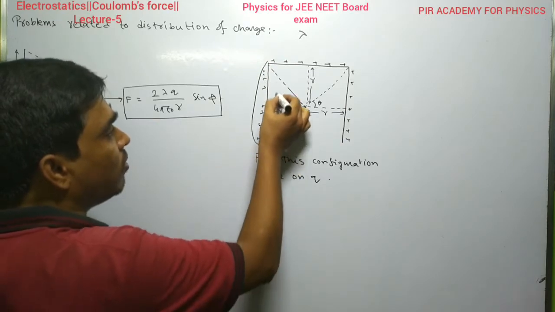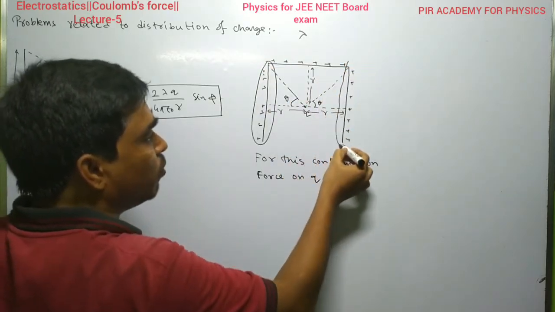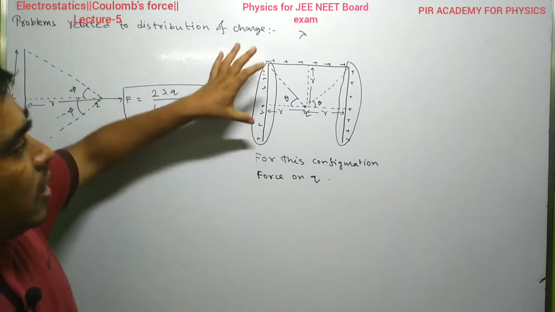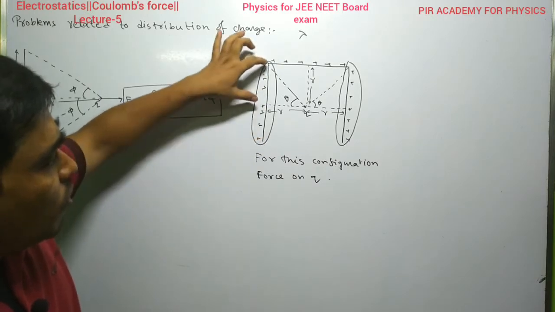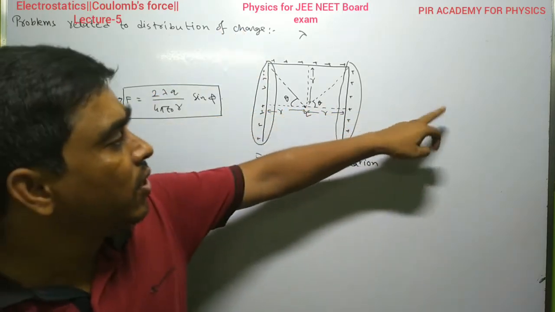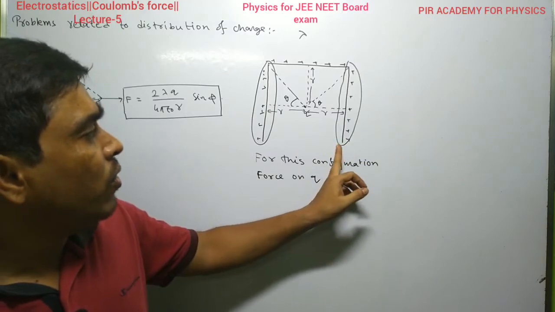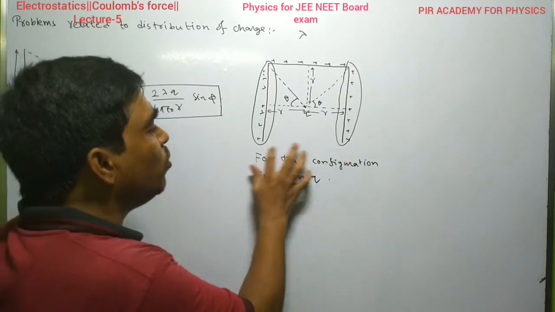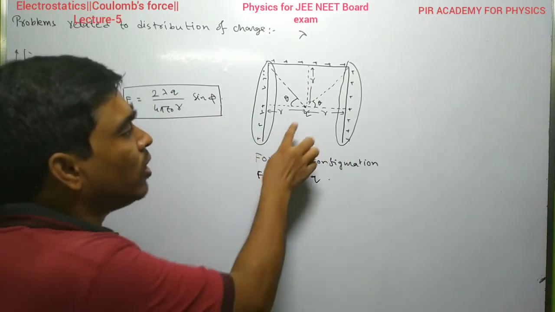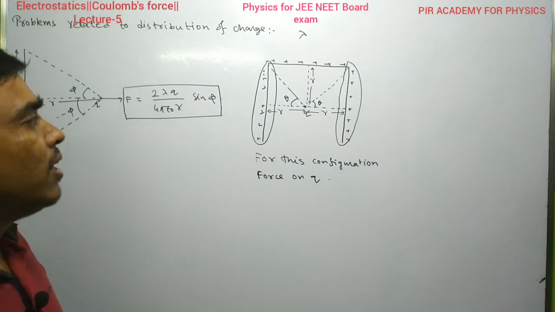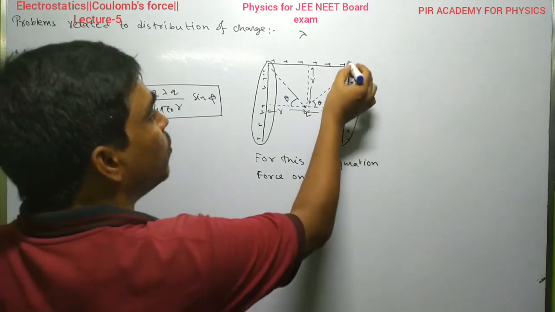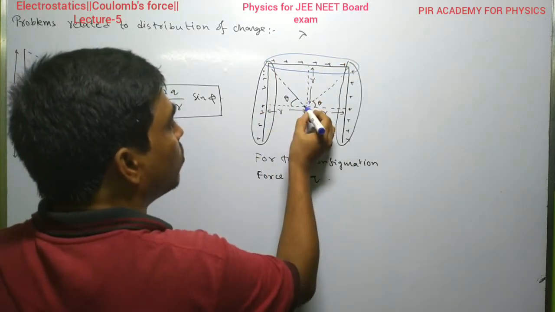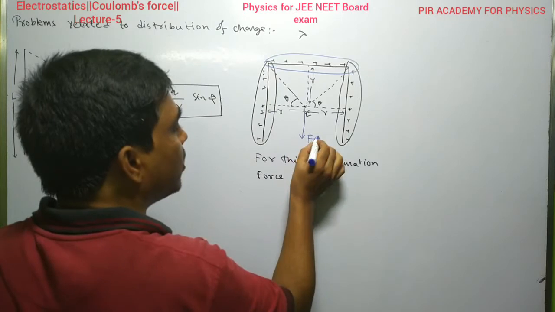The force for this portion and the force for this portion will cancel each other, because the force due to this portion will be along this direction and the force due to the other portion along the opposite direction. So for these two portions the force on Q cancels, but due to this portion the total force will be the effective force, along this direction.